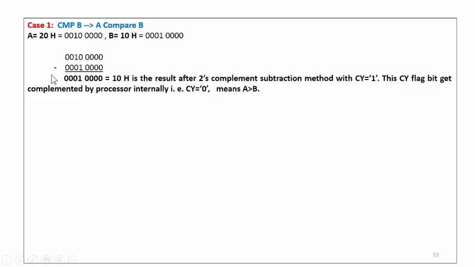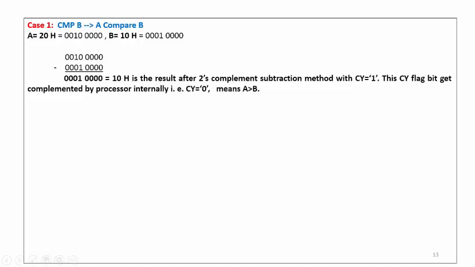As we are getting a non-zero result, 10, we get zero flag reset. Here the carry flag we are not getting as 1, but the carry flag bit gets complemented by the microprocessor.